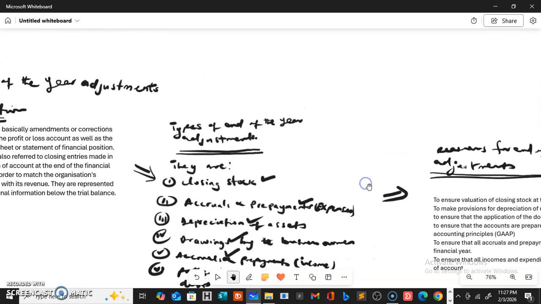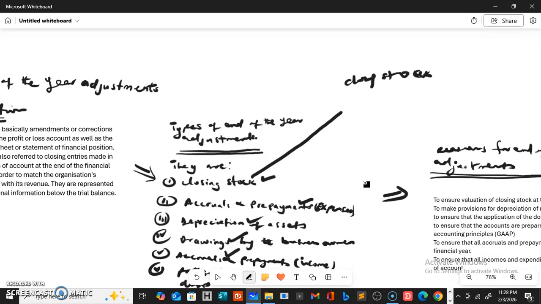When we talk about closing stock, also known as stock at the end, it always appears in the additional information. This closing stock must be treated twice, because any information available in the additional information simply means it has not complied with the double entry principle. So the closing stock will be treated twice.